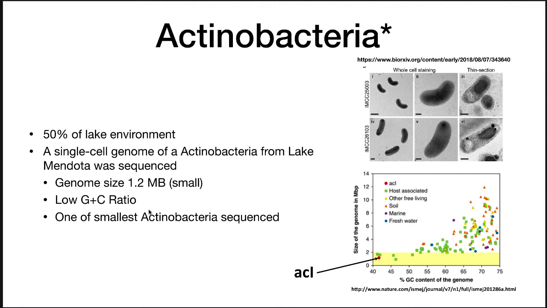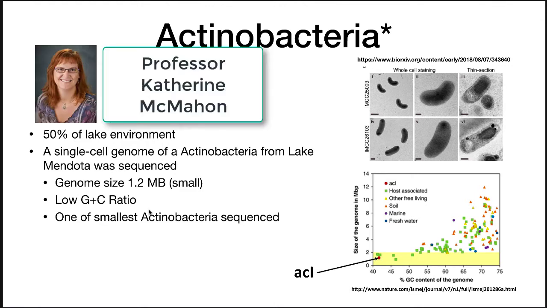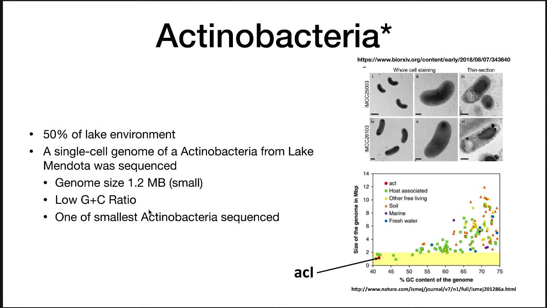Actinobacteria are single-celled microorganisms. They tend to be pretty small. In an amazing experiment, Professor Katrina McMahon and her research group, she is a professor at the University of Wisconsin-Madison, actually isolated a single organism and sequenced its individual genome and were able to figure out what this organism's genome contains.